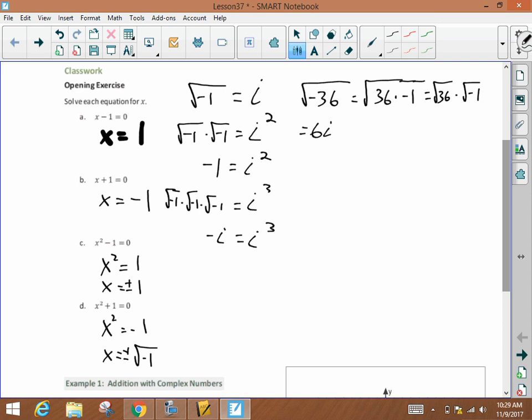Because the square root of negative 1 times the square root of negative 1 is negative 1, and then this right here is i. So we have negative 1 times i. And then this pattern will continue and repeat at some point. We'll find the point where it will repeat.